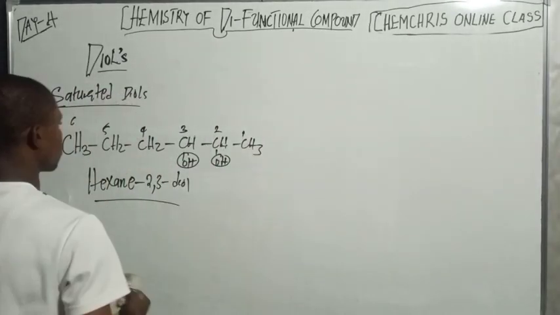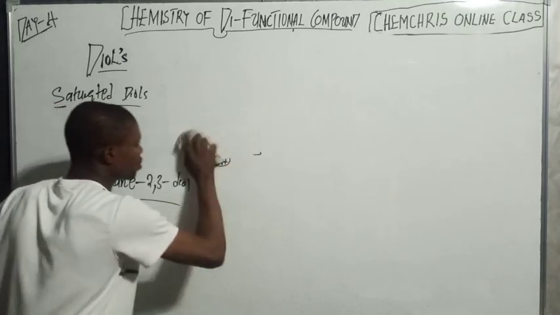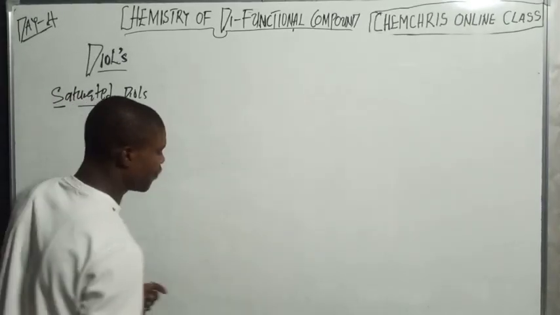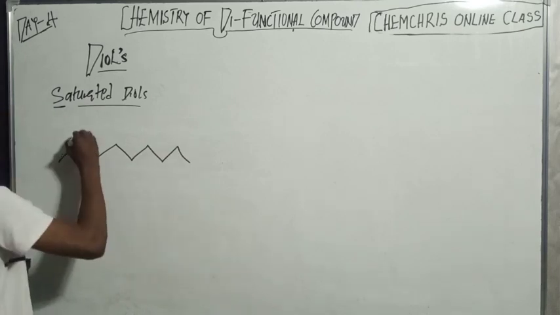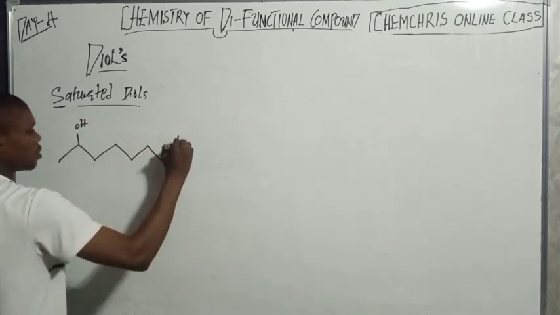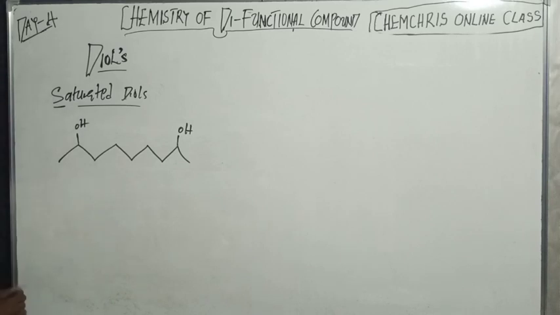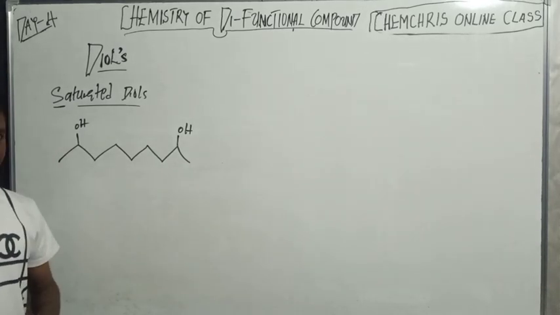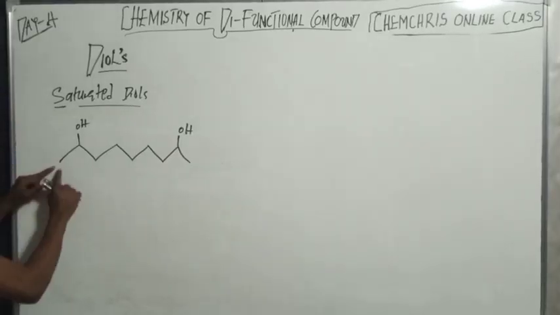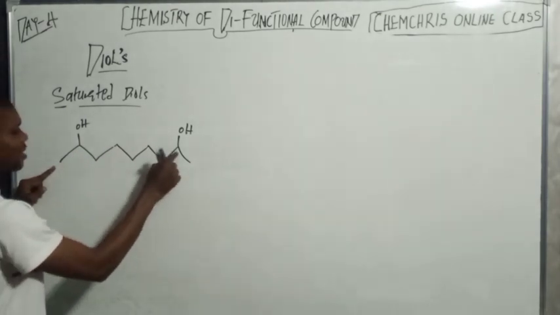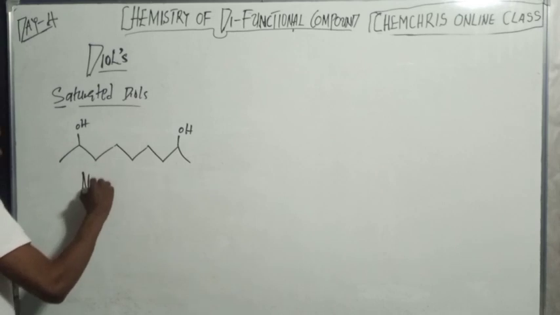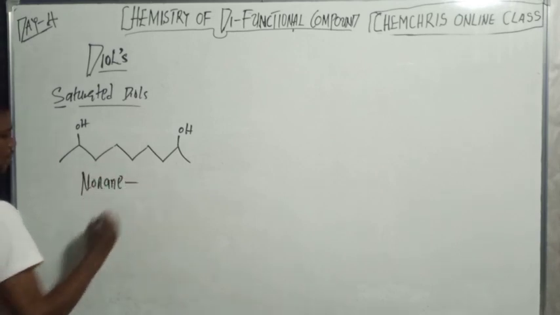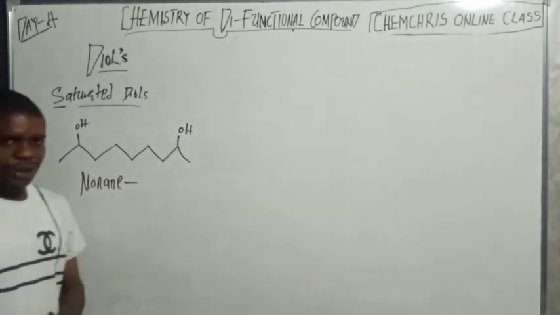Now let's look at some other ones. What will be the name of this one? Here we have 1, 2, 3, 4, 5, 6, 7, 8, 9, so it's going to be nonane, because they're all single bonds here.